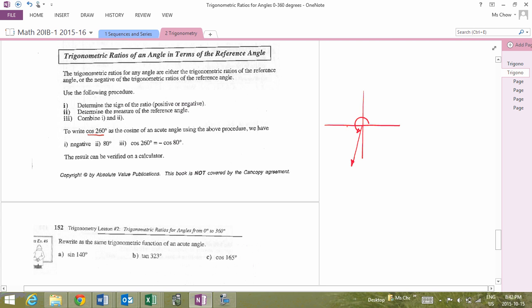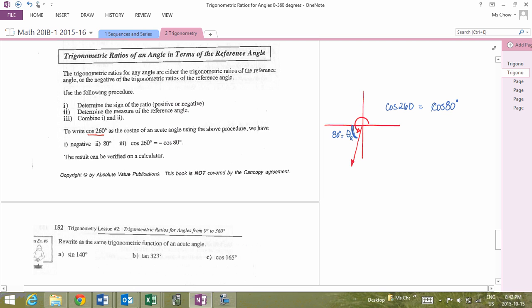What is my reference angle? My reference angle is just this color. So this is our reference angle right here, and if that whole thing is 260 degrees, we're looking at a reference angle of 80 degrees.